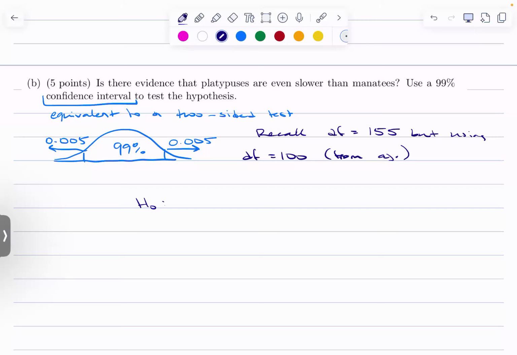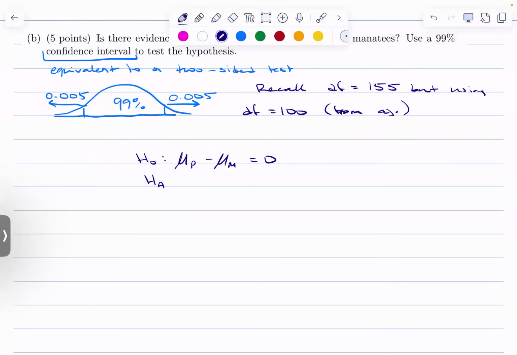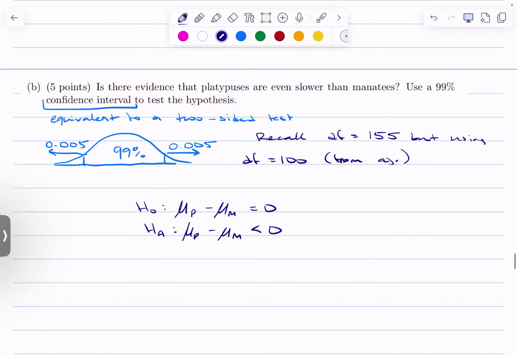We've got our null and alternative hypotheses, but we do want to test the hypotheses, and so we have to state them again. Mu p minus mu m is equal to 0, and the alternative is that mu p minus mu m was less than 0. This is kind of bad, and maybe I should edit it.